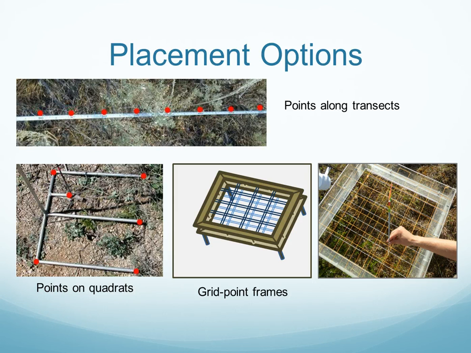So the way that grid point frames work is that we take a measurement of cover at each one of the intersections of these points in the grid. And so by having the two frames superimposed over each other, then we have very specific control on the angle of placement of those pins. In this case, the grid point frame is the sampling unit, and each one of the point measurements is a subsample.